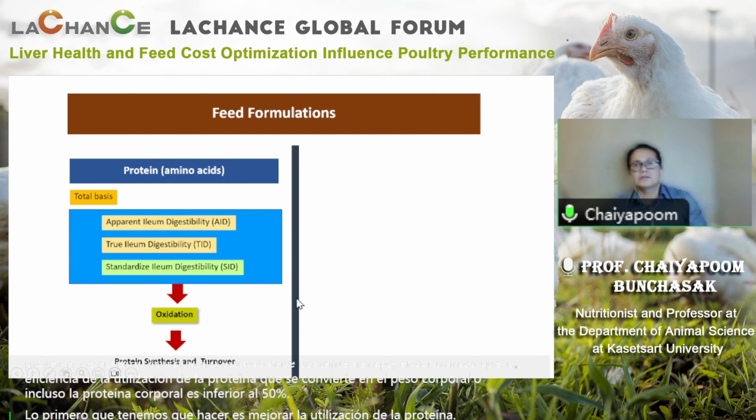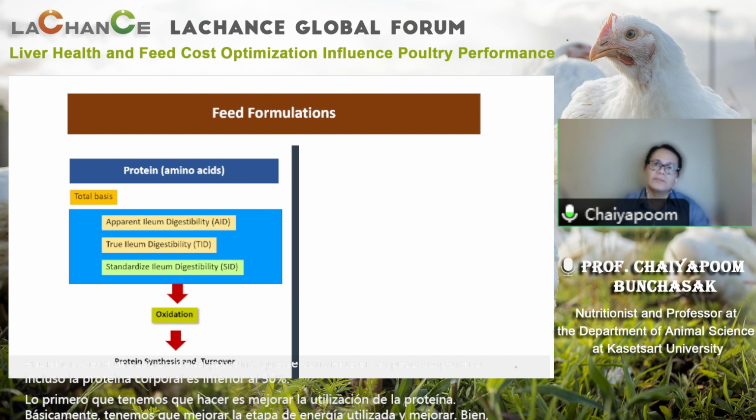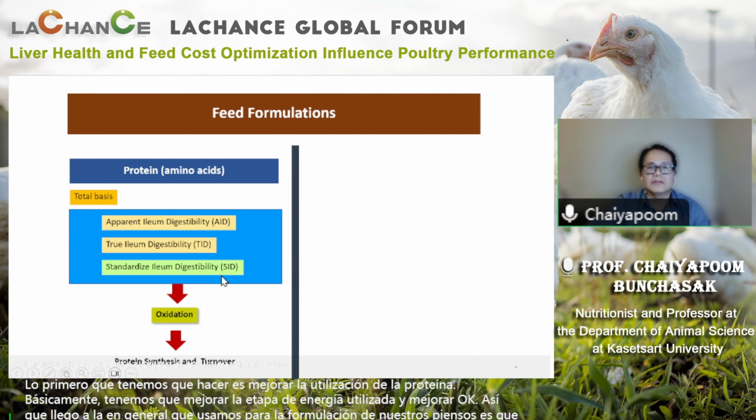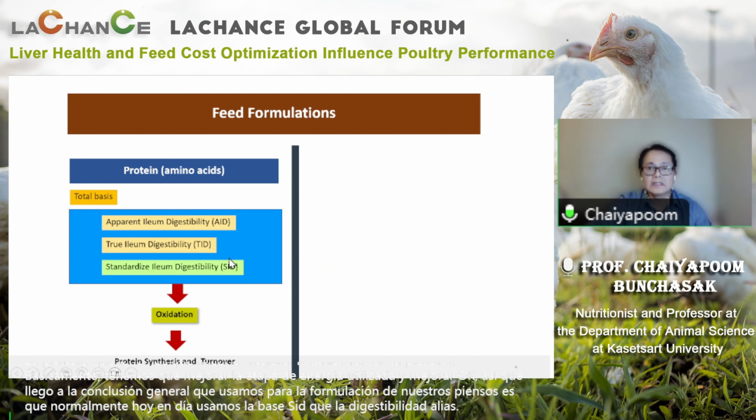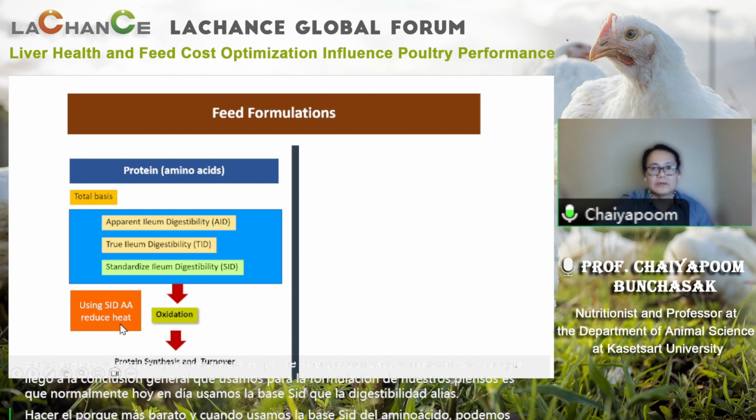In general, for our feed formulation nowadays we use the SID basis, standard ileal digestibility, to make the feed cost cheapest. And when we use the SID basis of the amino acid, we can reduce the heat production of the animal too.